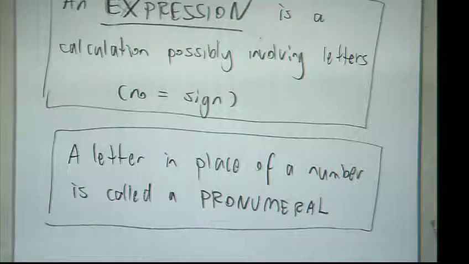In the one that I had before, that X was standing in place of the number 6. But theoretically we don't know what number it stands in for. And sometimes a letter can stand in for any number of other numbers. It doesn't have to be a specific single number. It could be representing all possible numbers as well. So a letter, a pronumeral, doesn't have to be a single number. It might be a single number, but it could also be trying to represent all possible numbers at the same time. Okay?